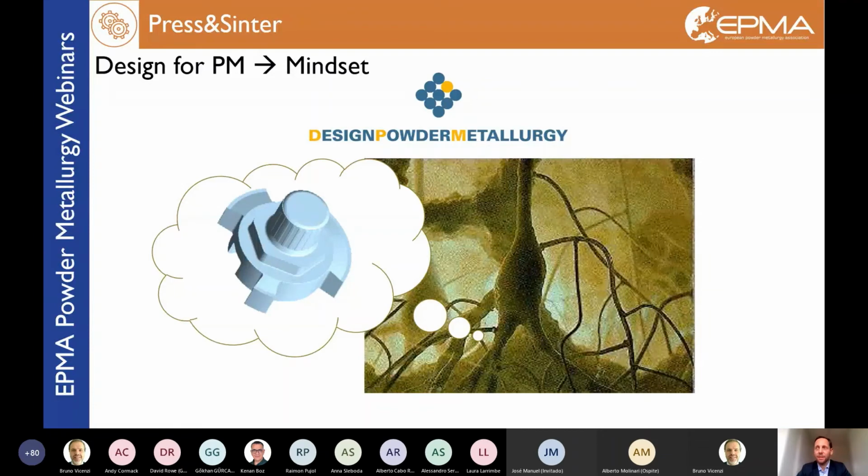Very often the customers come with non-feasible geometries, like we saw in the second slide. But understanding the application, in many cases we can propose a geometry which is feasible with our technology and does the same function or even better.